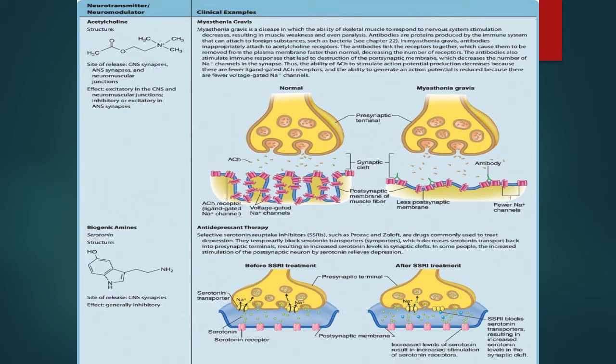Okay, there on the lower left is another neurotransmitter, that's serotonin. It shows its structure there with the two rings. Serotonin, again, works in the central nervous system, and it's involved in mood. We use drugs that affect serotonin levels to treat depression.